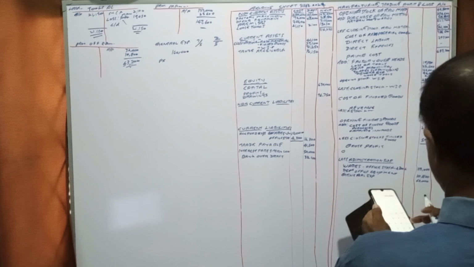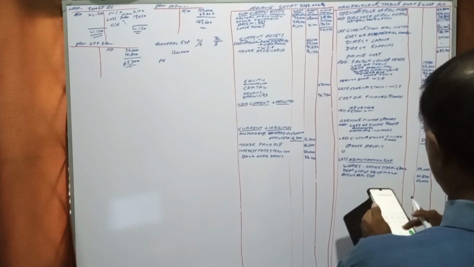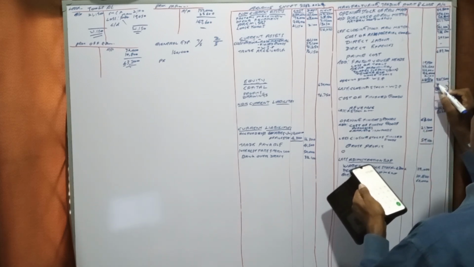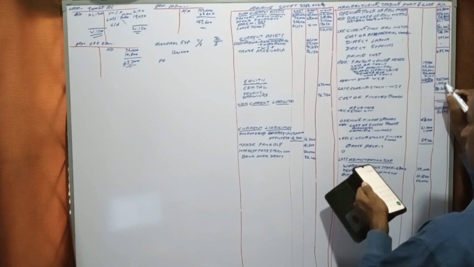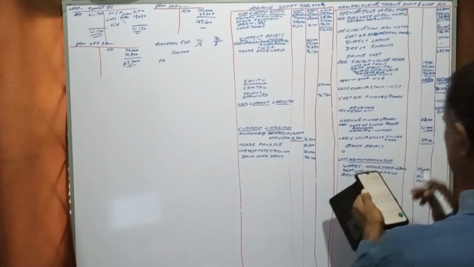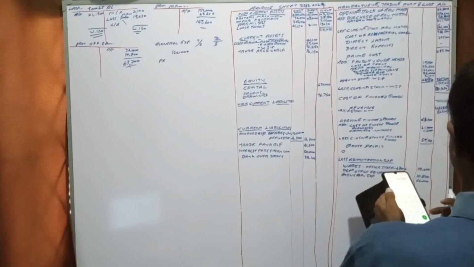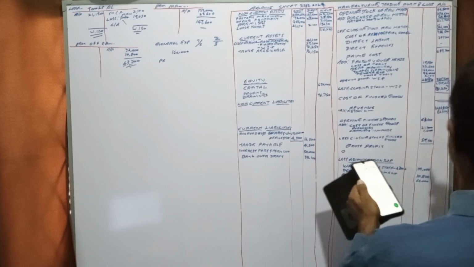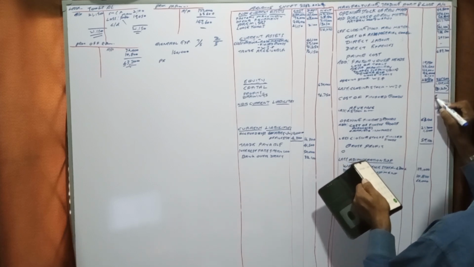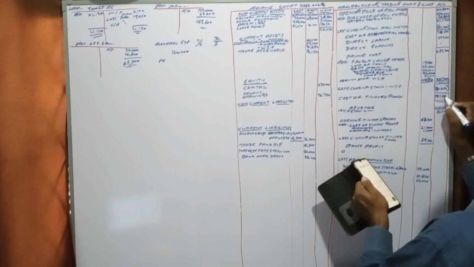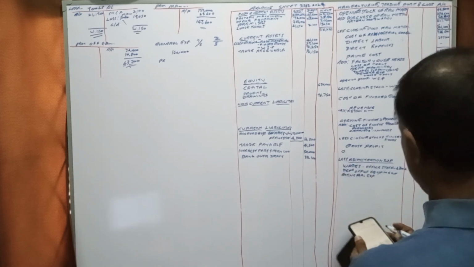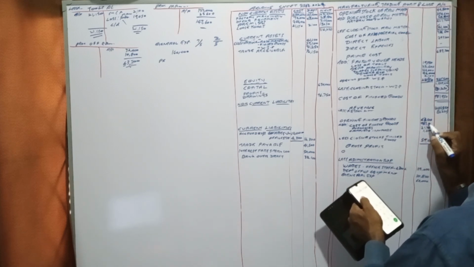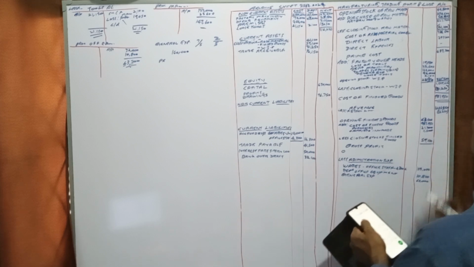Plus 683,700 means 1,019,200. From that we have to deduct 31,250, which means 987,950 is the cost of finished goods, right?